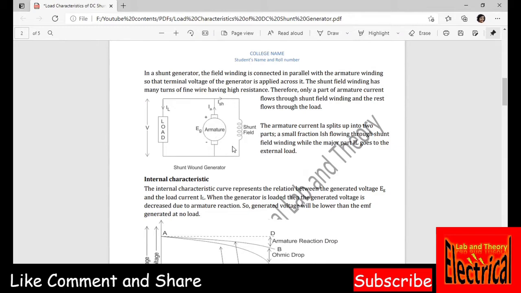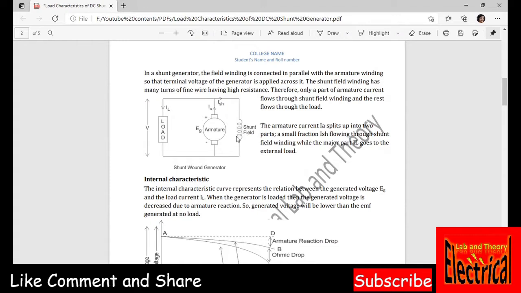A shunt wound generator has a shunt field which is connected in parallel to the armature, so that when the armature produces electricity, the current from the armature Ia gets divided into two parts. One goes to the field connection, and the other one, the maximum part, goes to the load.